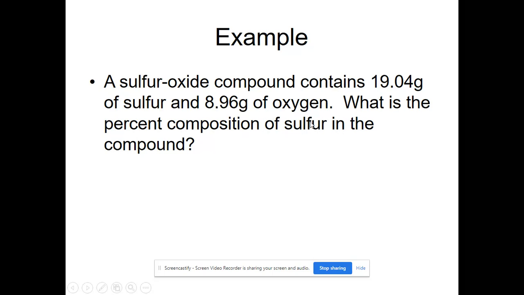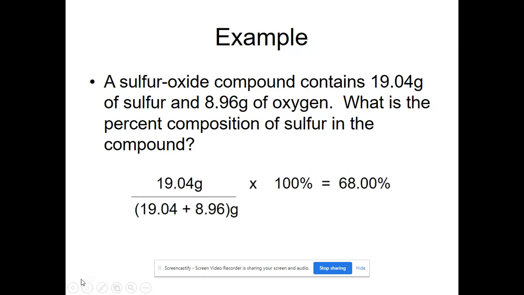Looking at this problem, we want to assume that there are no other elements present, and that this describes our entire sample. So our total mass would be the sum of the mass of sulfur and the mass of oxygen, and that would be what we would put in the denominator of our problem.